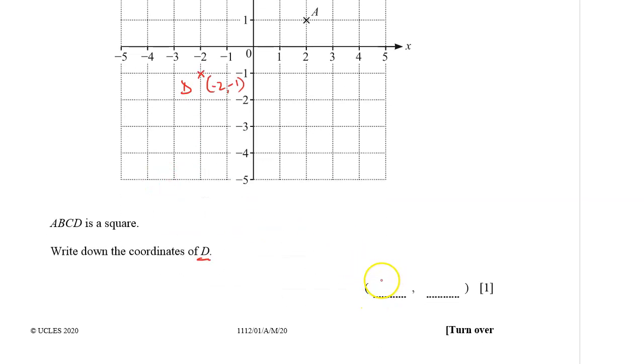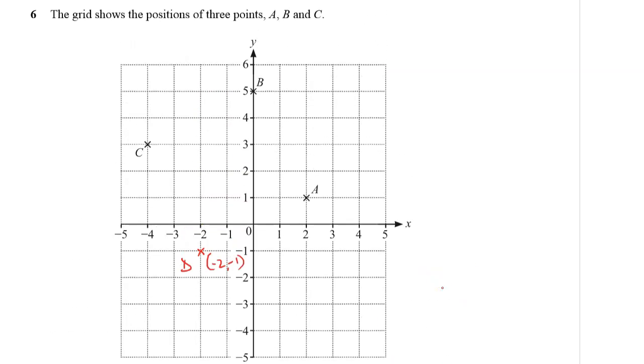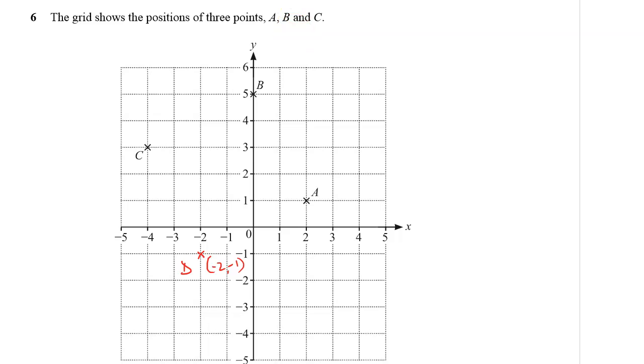So -2, -1. You can join up the points. If you have a ruler, you can join up the points to see clearly what you're dealing with. Here is a square. You can join this point and this point there.